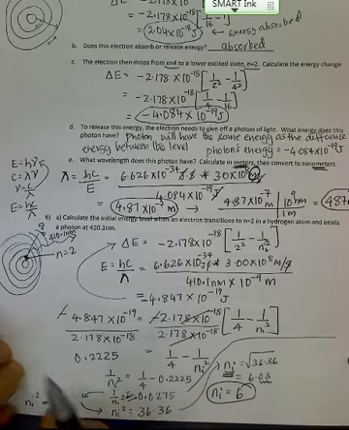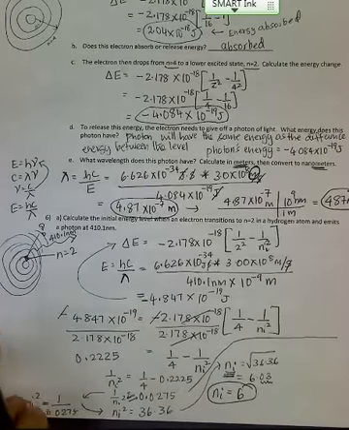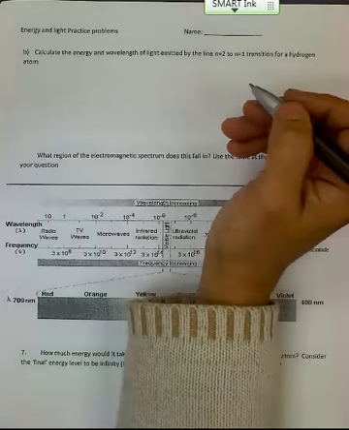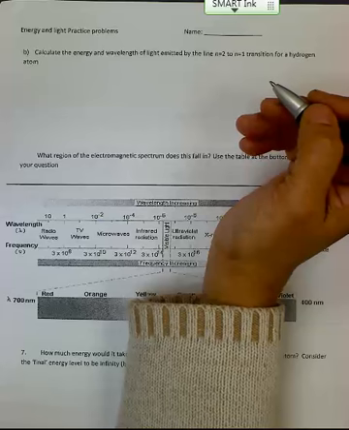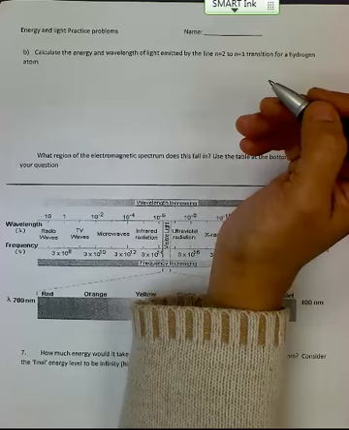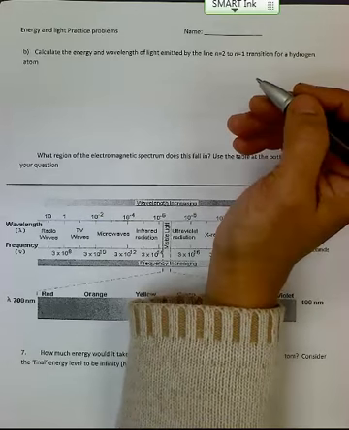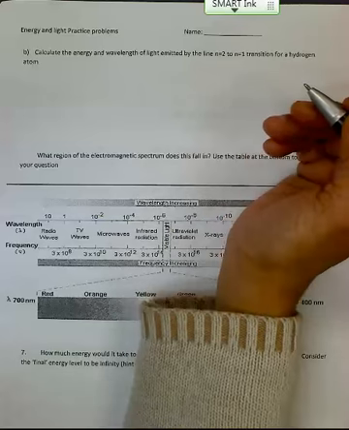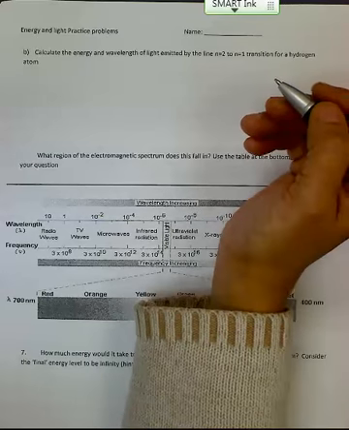We have one more problem that we need to finish on the other page, and this problem has the wavelength of the light emitted by the transition n is equal to 2 to n is equal to 1 for a hydrogen electron.